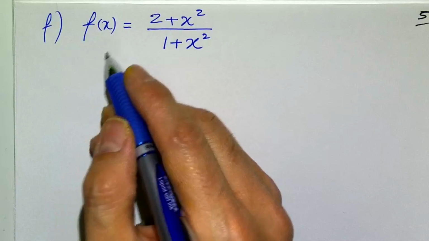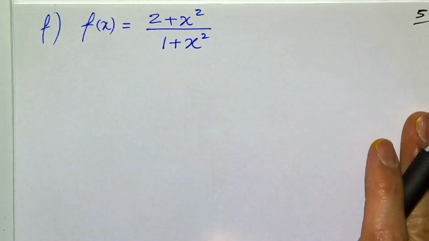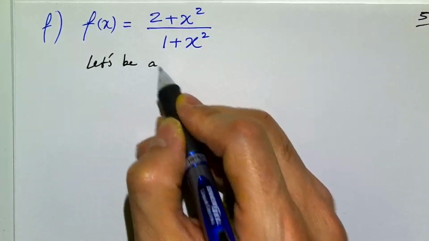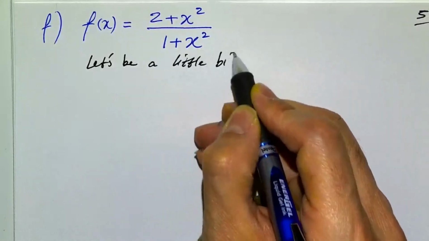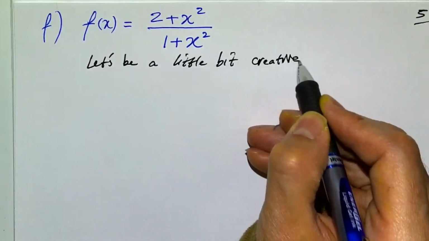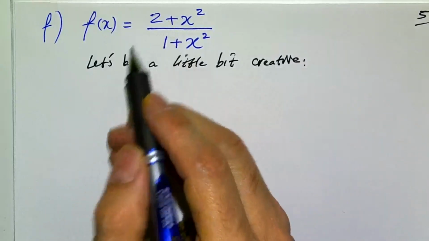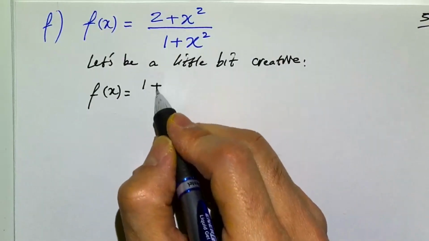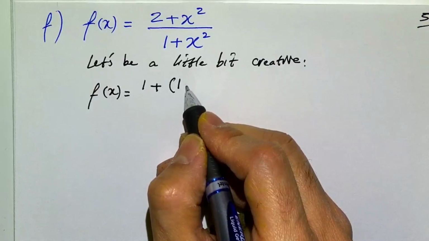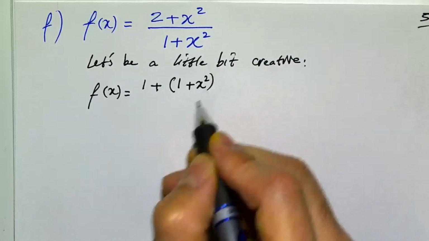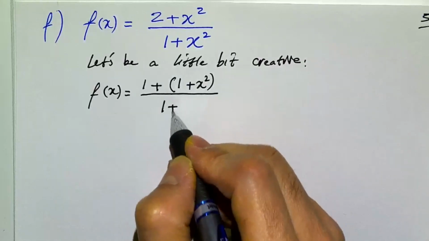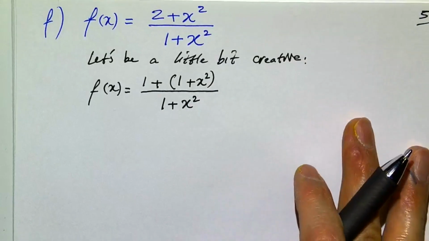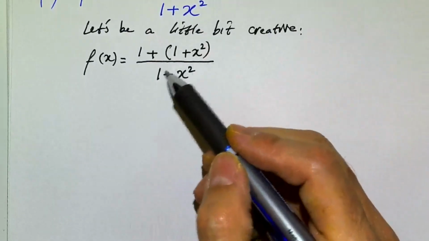So creativity here goes a long way. Let's be a little bit creative, right? So let's break up this 2 into 1 and 1. So we have 1 plus 1 plus x squared, divided by 1 plus x squared. And then let's break this up again.